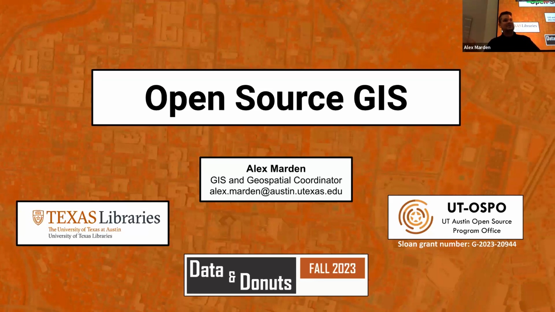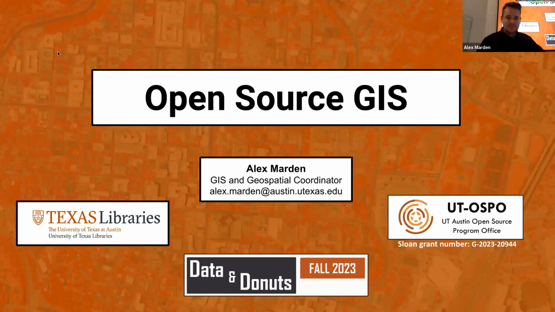I know many of you who are used to attending these Data and Donuts workshops are probably expecting Michael Shensky to be leading a GIS workshop, but he is now broadly in charge of research data services, and so I am the new person in charge of specifically the GIS and geospatial stuff. So yeah, if you are looking to book any sort of consultations for GIS services or wanting to go on the GIS guide or have GIS questions, you can contact me.